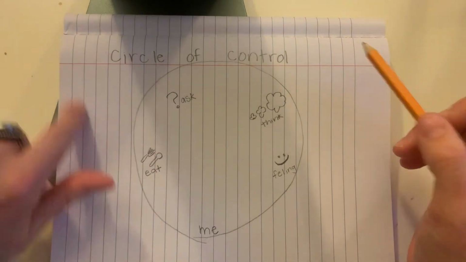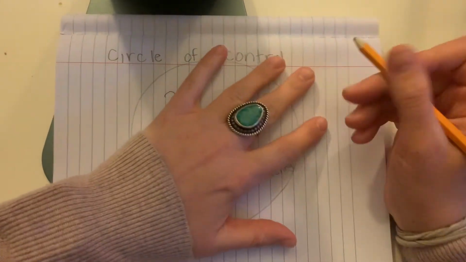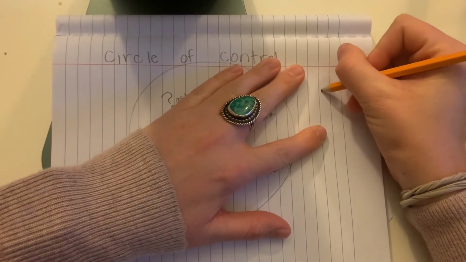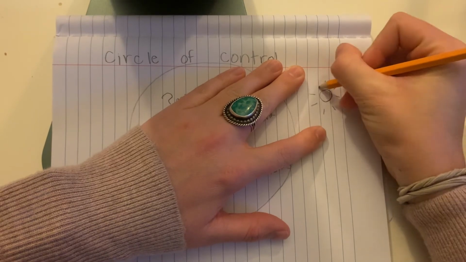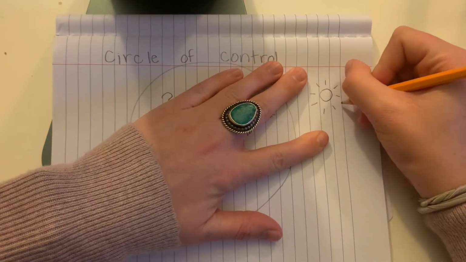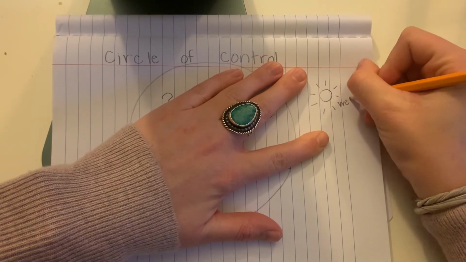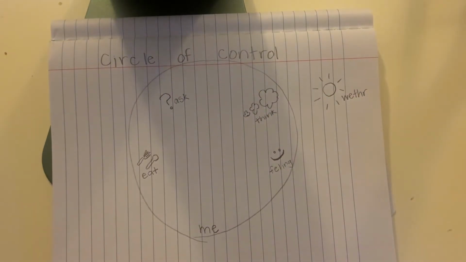So let's think about things that we cannot control, things outside of our circle. So sunshine or weather is one of those things. I cannot make it be sunny, and I cannot make it rain. So I'm going to say weather, something I cannot control.